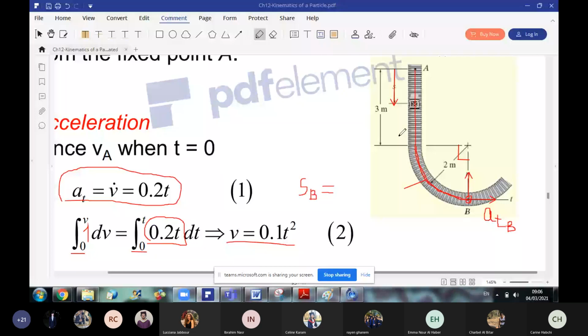So s_B is equal to 3 plus the distance traveled during the second phase, the curvilinear phase, which is pi over 2, delta theta, times the radius. Pi over 2 times 2, the 2 will simplify, so it is equal to pi. So s_B is equal to 3 plus pi. How can I use this information? It will help me to find what?